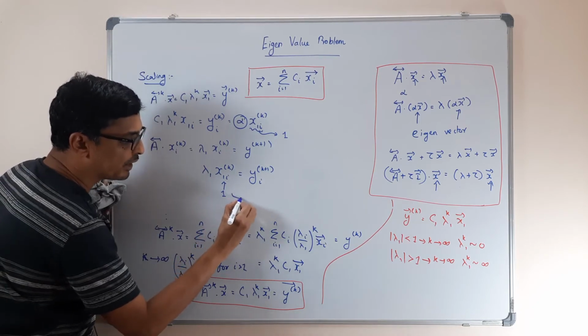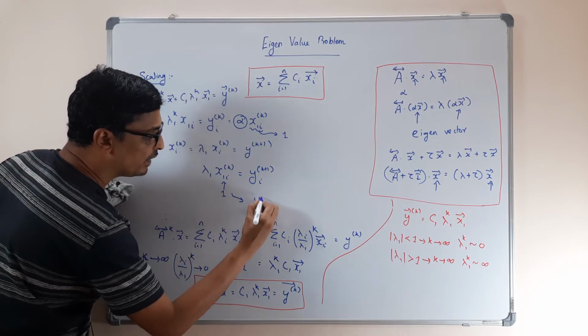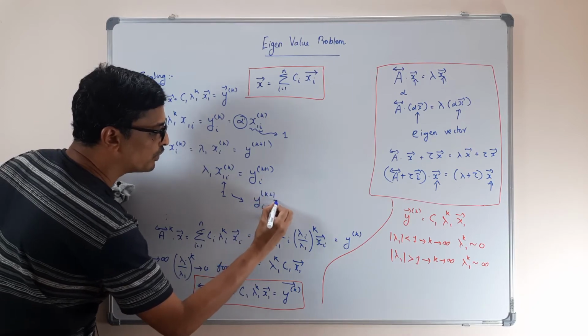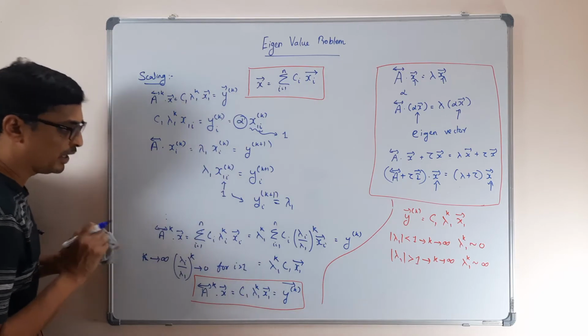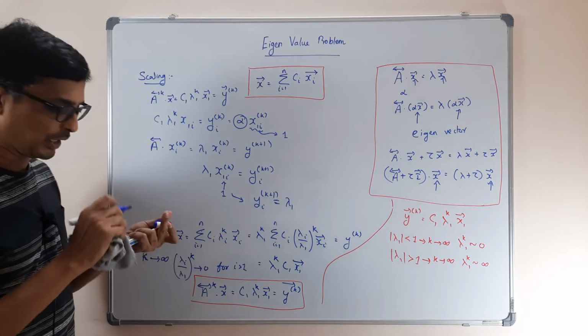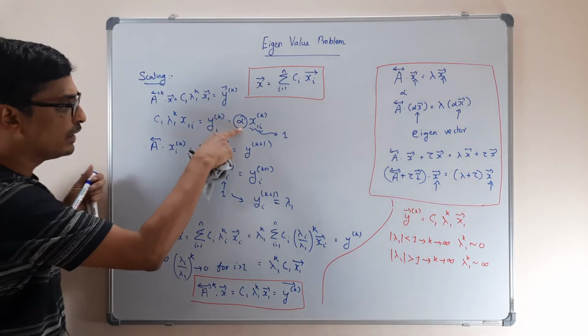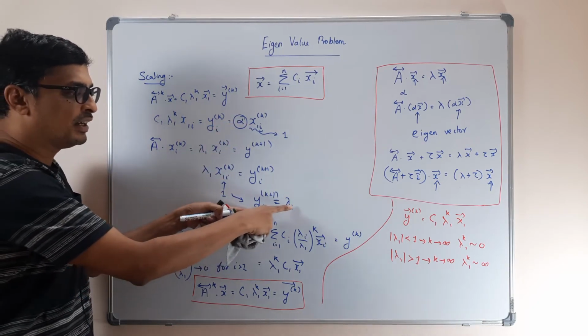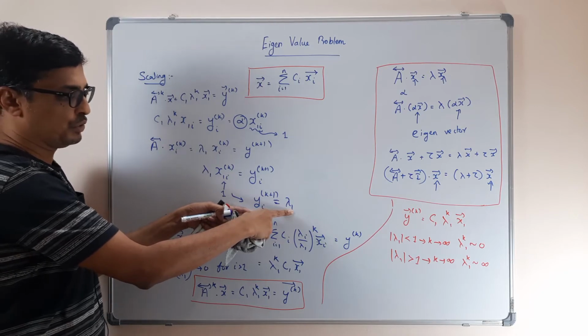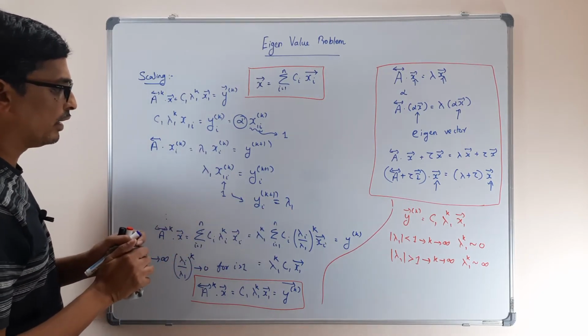So what we will end up with is yi of k plus 1 will be equal to lambda 1. So that particular component which we scaled to 1 will eventually become the eigenvalue.